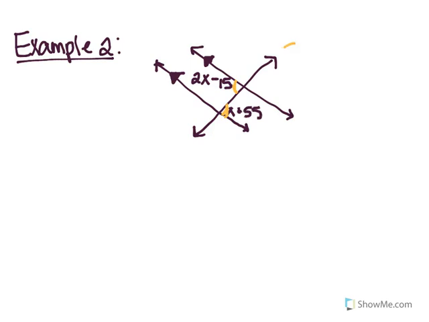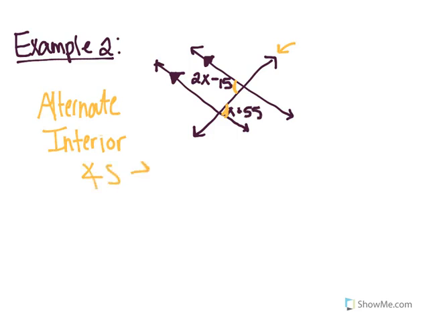Now, here's the transversal right here, and it looks like they're on different sides of it, so that's meaning alternate. And it looks as well that both angles are on the insides of our parallel lines, so that means interior. So it looks like we've got a pair of alternate interior angles, and I know that those angles have the relationship in that they are congruent.